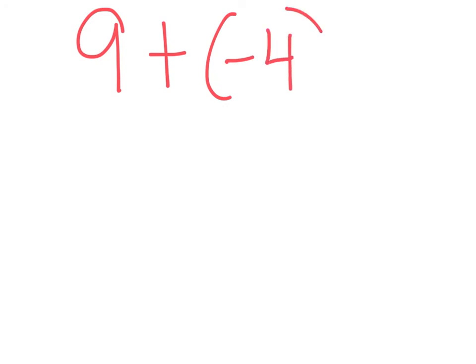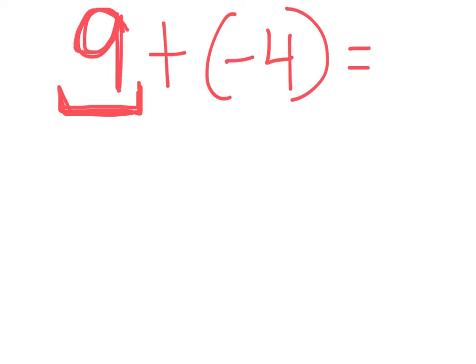And here's an example of what I'm talking about. 9 plus -4. Which number is further from 0? Well, the 9 has the greater absolute value. The absolute value of 9 is 9. The absolute value of -4 is +4. This number, 9, has the greater absolute value, so I know my answer is going to be positive.